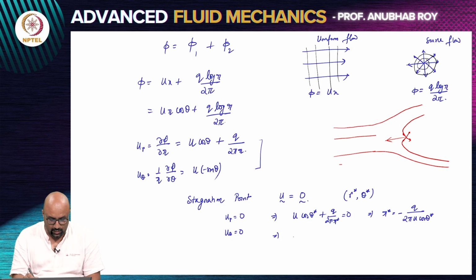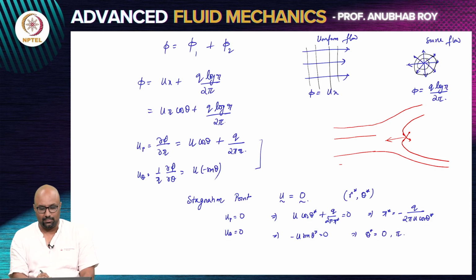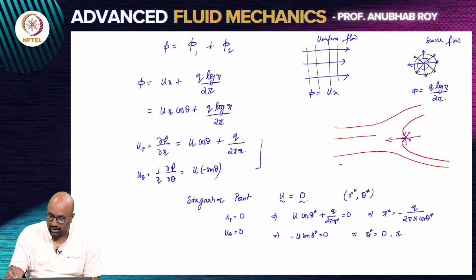And from u_theta equals 0, I have minus u sin theta star equal to 0, which means theta star can either be 0 or pi. So if this is my origin where I have placed my source, one possible stagnation point is at theta equals 0, and the other is at theta equals pi.